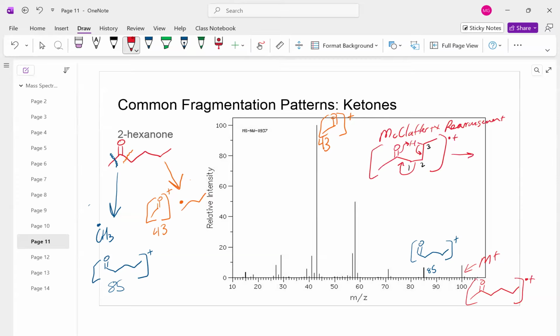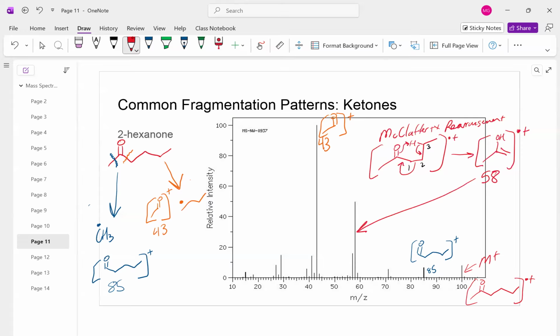Now, the fragment we care about is this radical cation that gets formed by the McLafferty rearrangement. Notice what happens to carbons 2 and 3 and the other one attached to it. It comes off as a radical, so we don't care. But if we take the mass of this, that's a mass of 58, which is our next highest abundant peak.